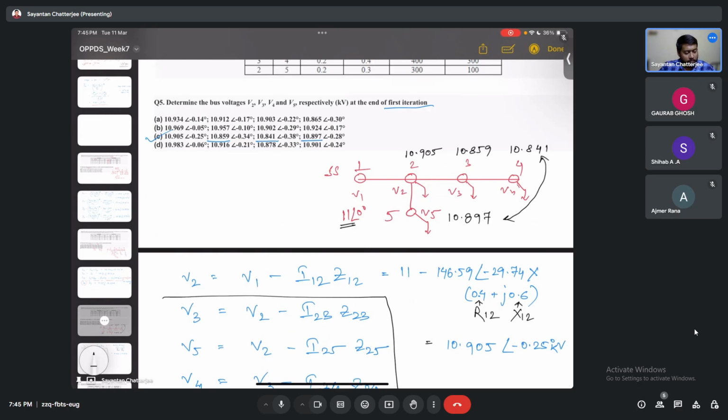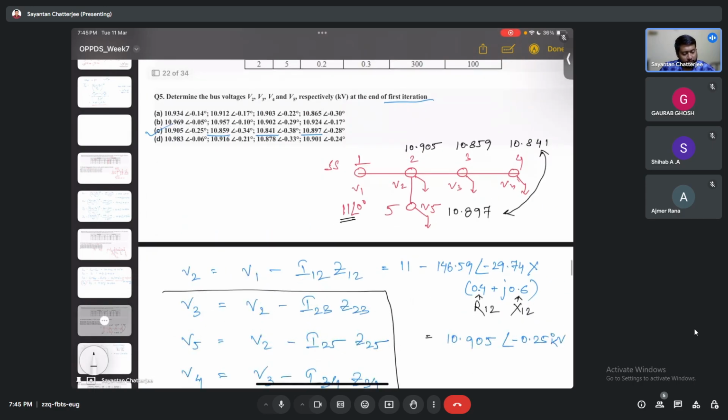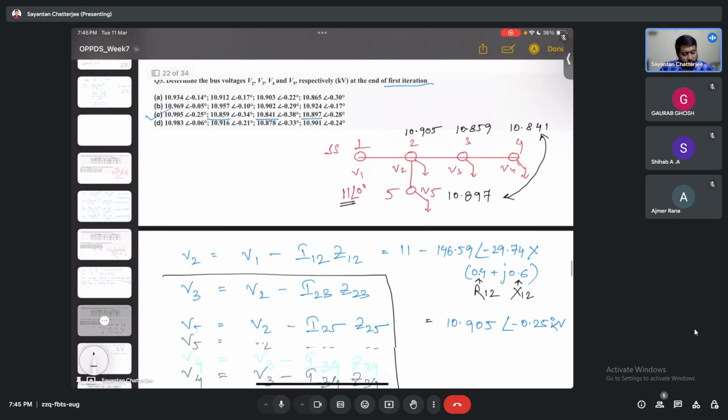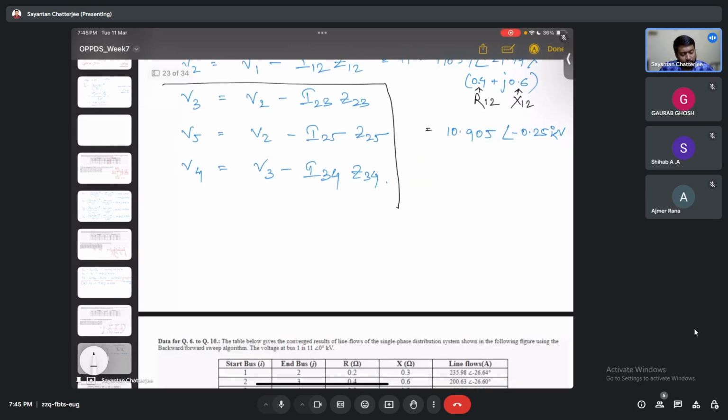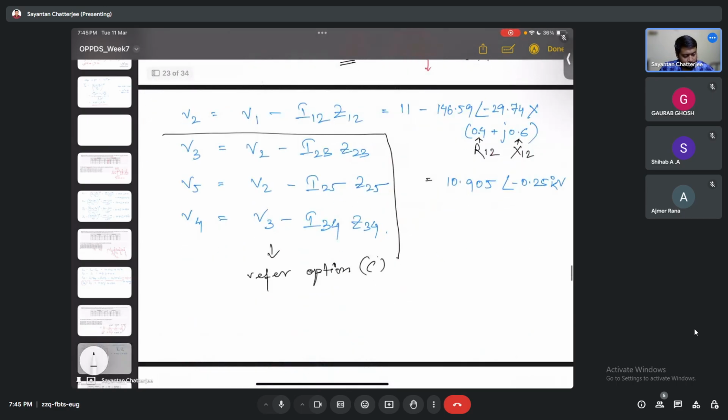Okay, so these are the options. V2 is correct, as we have calculated. For V3, V4 and V5, just refer to option C. The process is similar, and you should use the same formulas.